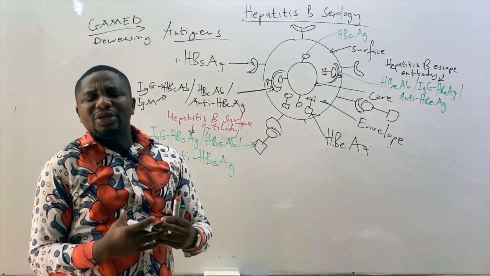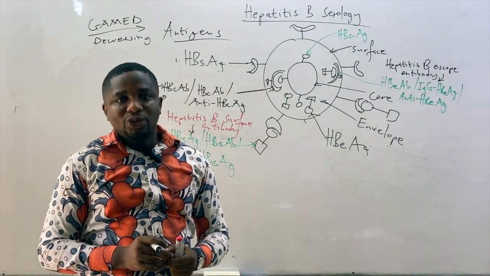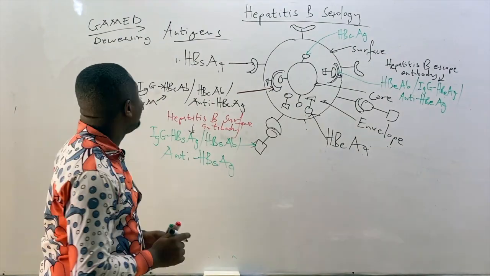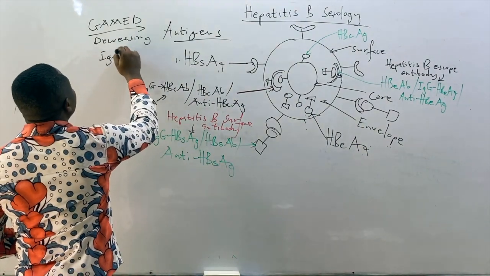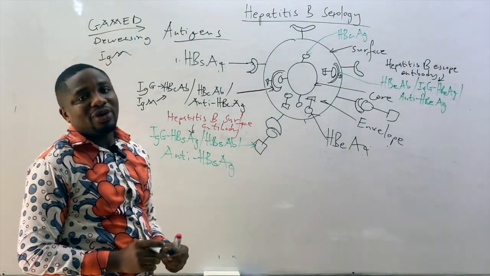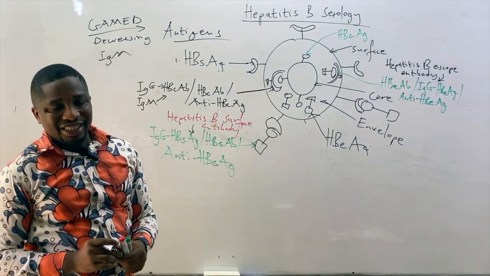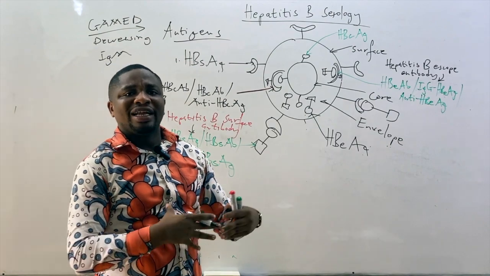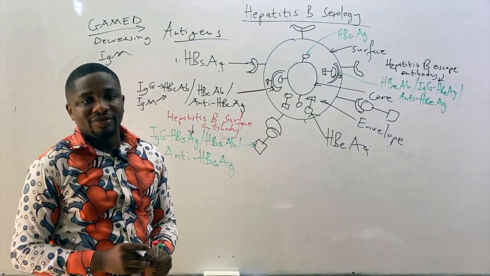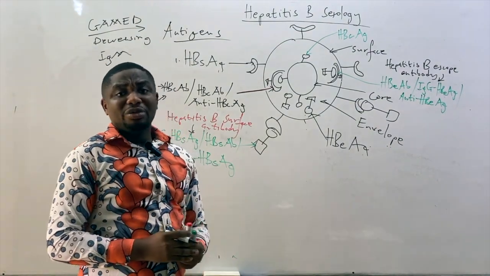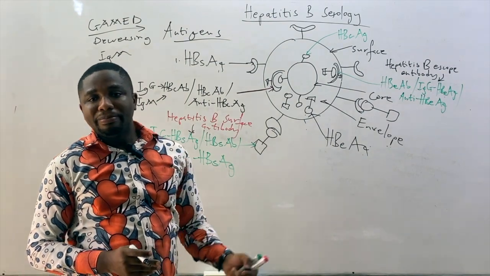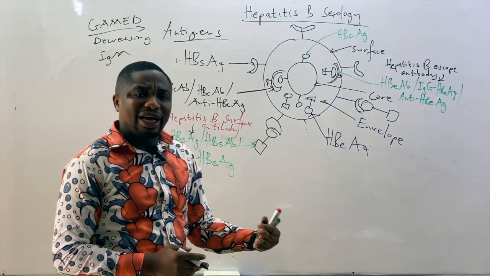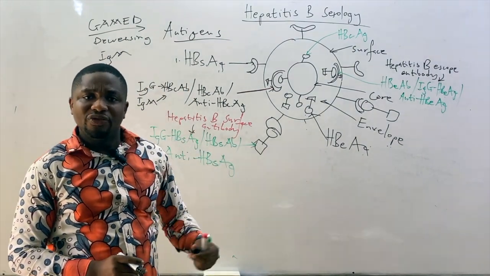So in the case of an acute infection, you will not see immunoglobulin G being produced. Rather, you are going to see immunoglobulin M being produced. That is the main reason why immunoglobulin M is considered an acute phase reactant, meaning that in the case of an acute infection or condition, the immunoglobulin that will be released first will be immunoglobulin M. So anywhere you see immunoglobulin M, know that that particular scenario or condition is in the acute phase.